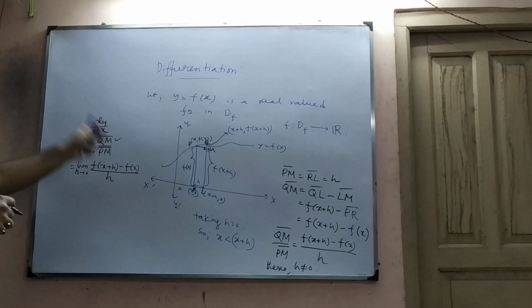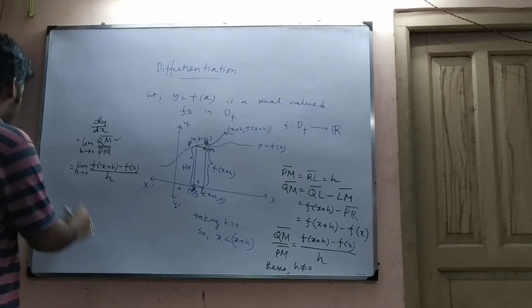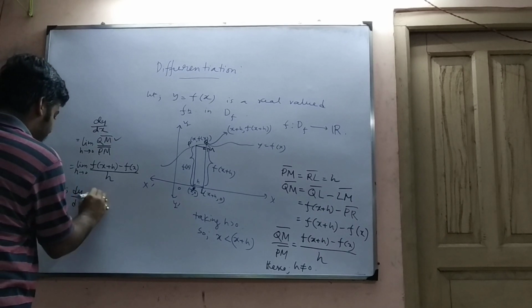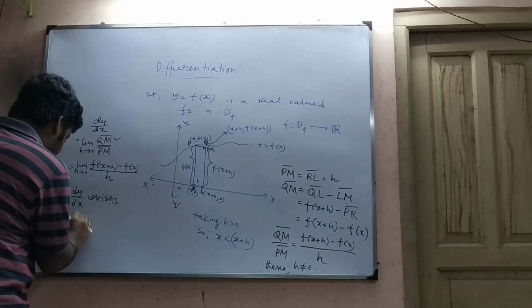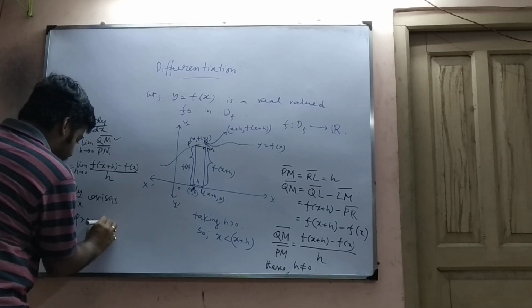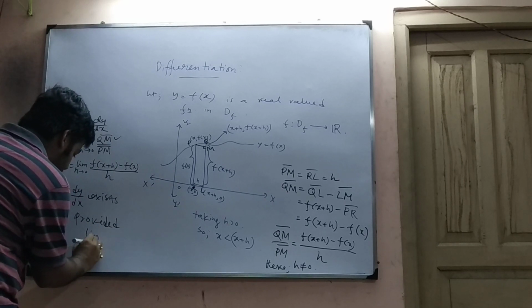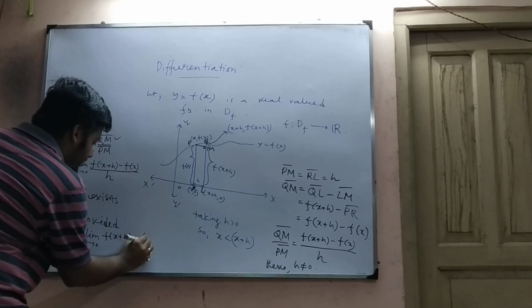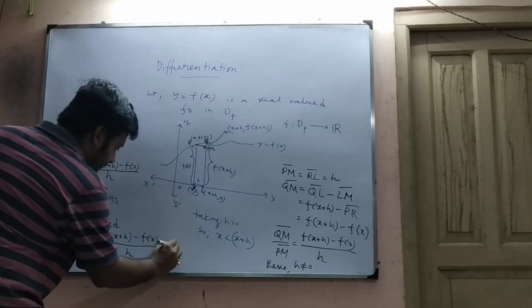So that is dy dx, provided this limit exists. So dy dx exists provided limit h tends to 0, f(x plus h) minus f(x) by h exists.